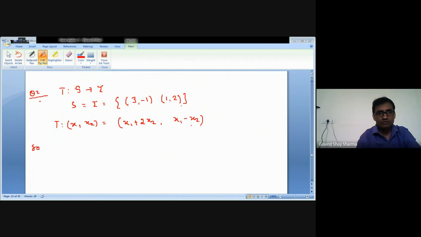Now the solution: convert it into matrix form.